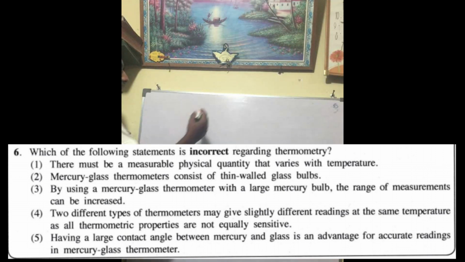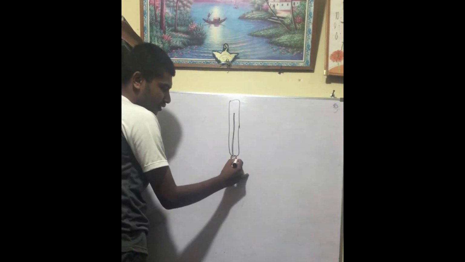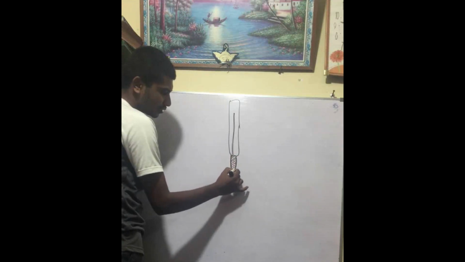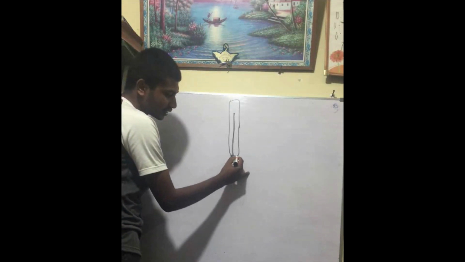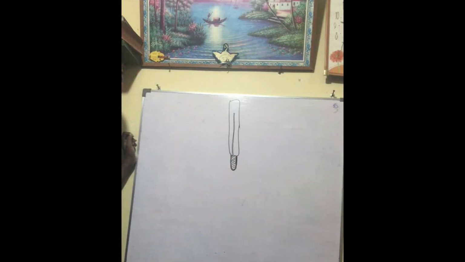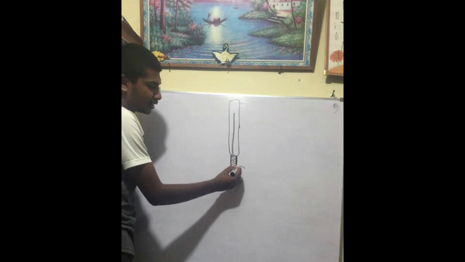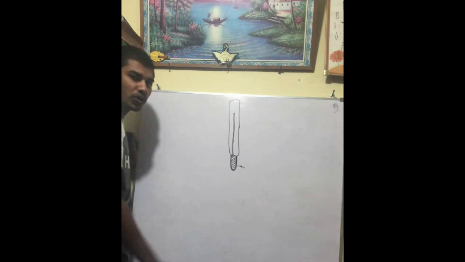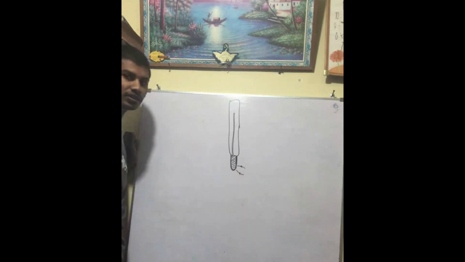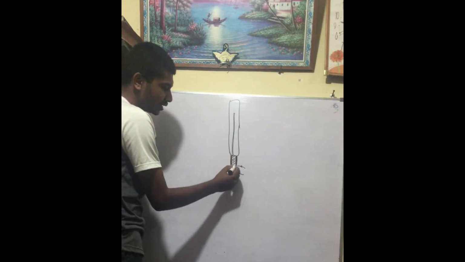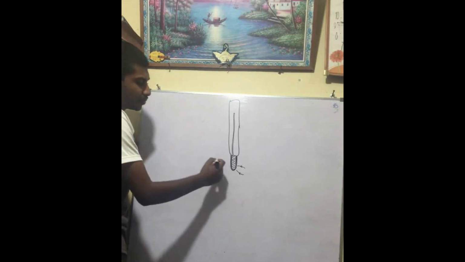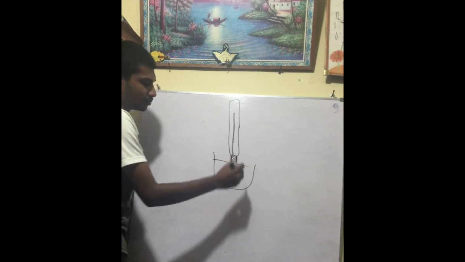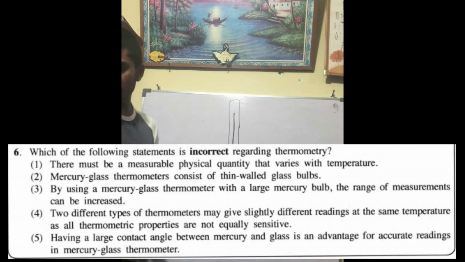That is also correct because when these walls are very thick, since it is glass, it doesn't conduct heat very well. So if the walls are very thick, it will take more time to conduct the heat into the mercury, right? So the wall should be thin enough to quickly conduct the temperature from the object that we are measuring to the mercury liquid, right? So that is also correct.